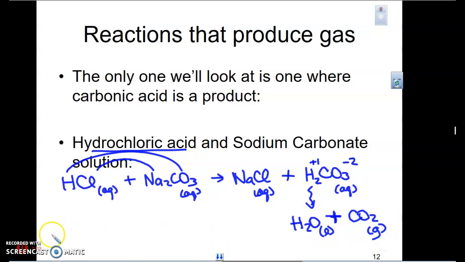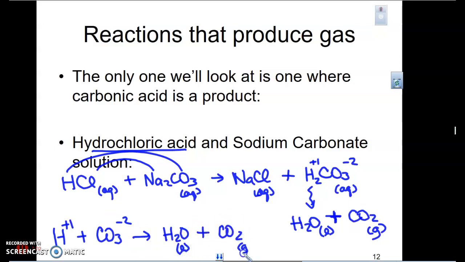And so ultimately, the net ionic for this is hydrogen plus carbonate making water liquid and CO2 gas. And again, we would want to balance this by putting a 2 out in front here. But 2 hydrogens and a carbonate ion come together, they form water and carbon dioxide.